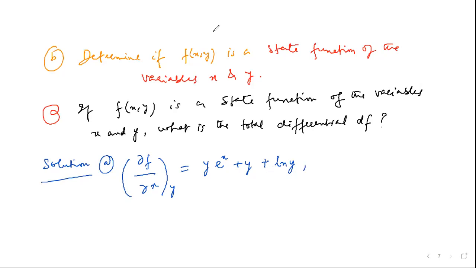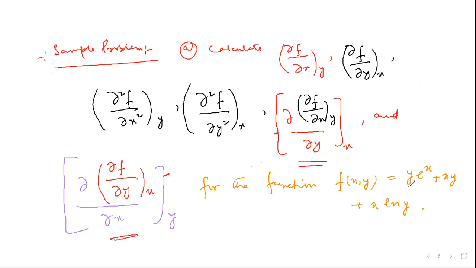Then I do ∂f/∂y, x constant, which is e^x plus x plus x/y. Differentiating here the function with respect to y partially treating x constant. So you will get this.